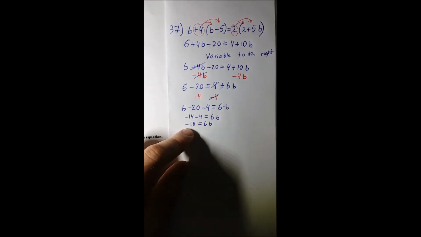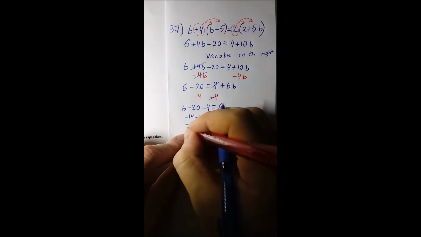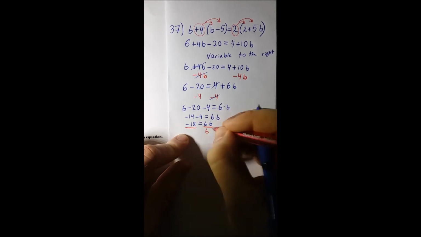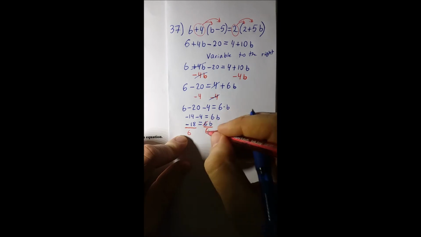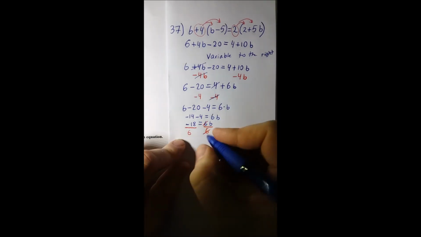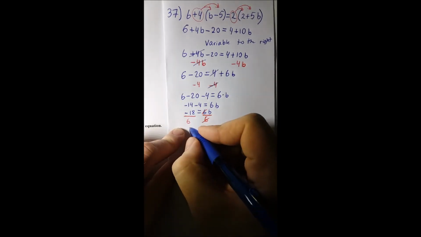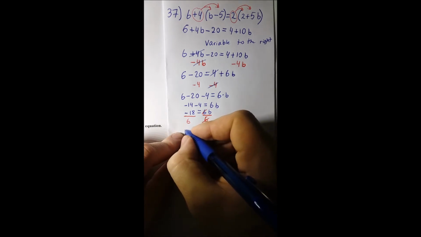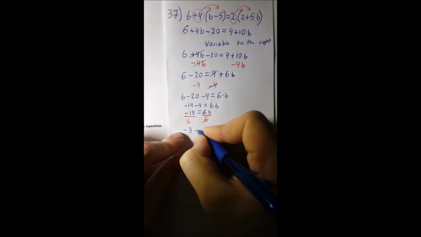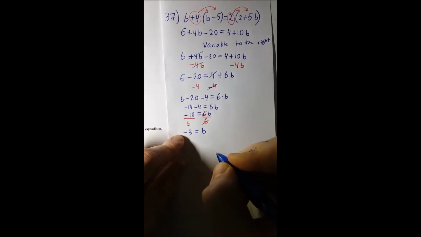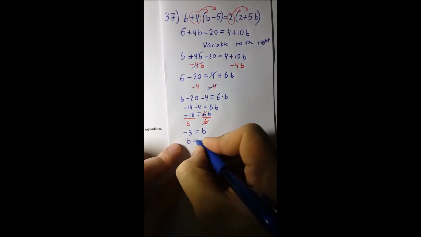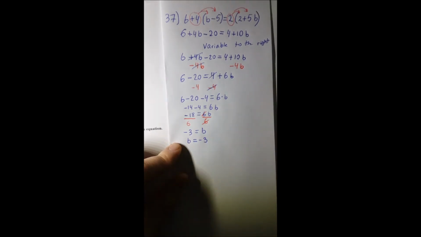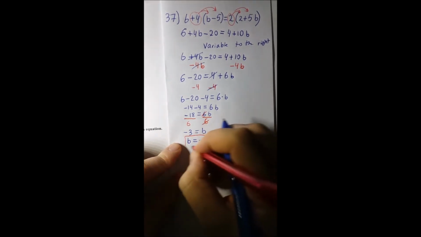And now what we need to do is divide both sides by 6. So this 6 and this 6 cancel out. And so now negative 18 divided by 6 is negative 3 equals b, or we're going to write it properly, b equals negative 3. Box your answer, you're done.